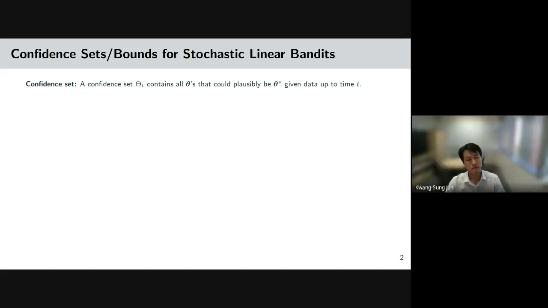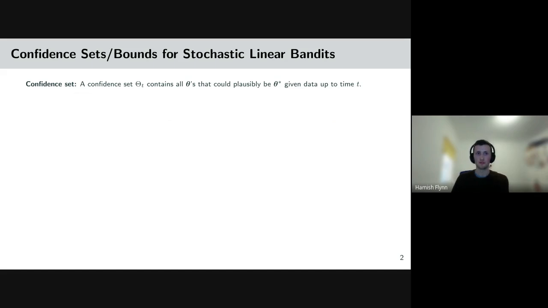In a linear bandit problem, a confidence set at, say, round T is a set that contains all thetas that could plausibly be the true parameter vector theta star, given all the data available at the end of round T. More formally, we want a sequence of sets that satisfies the following coverage condition.